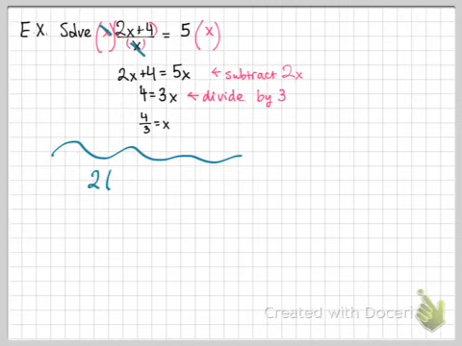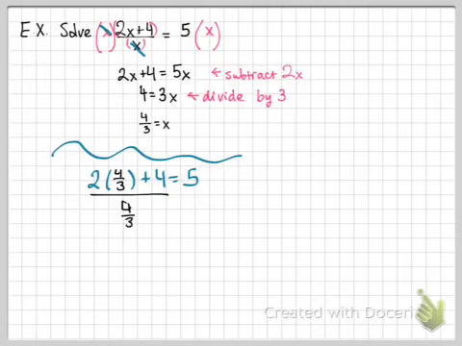Now I think I have my answer, but I'd better check just to be sure. So now I go back to the very original that I had written down at the beginning of this example. But instead of x, I put 4/3 into my equation. Now this is a bit of a mess, because now I have fractions within fractions.